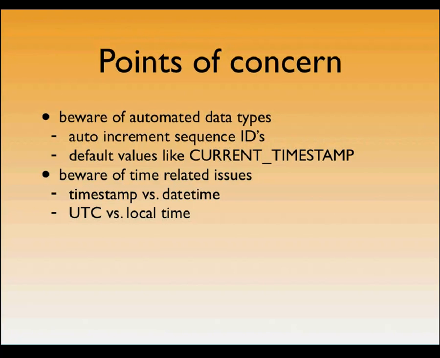If that's a default value, that might screw things up when you're doing testing, because you cannot really predict when the test is run, especially if you have it continuously run on a CI system. So you need to make sure that for your testing elements, you have knowledge of what their value is going to be, and not what is automatically or randomly generated.